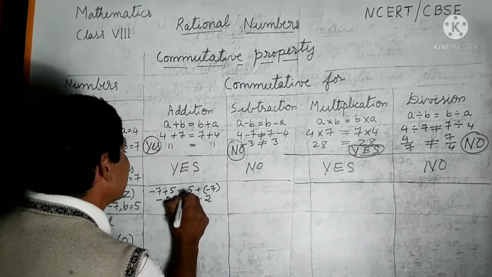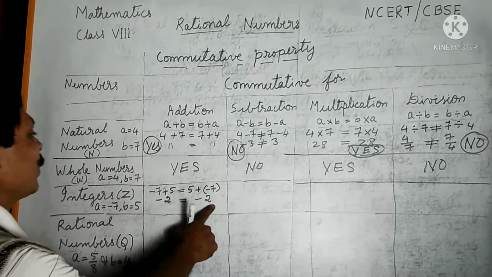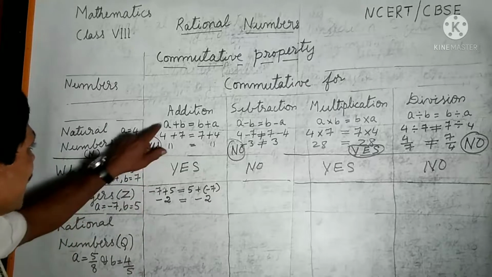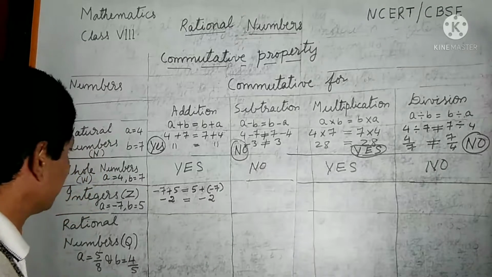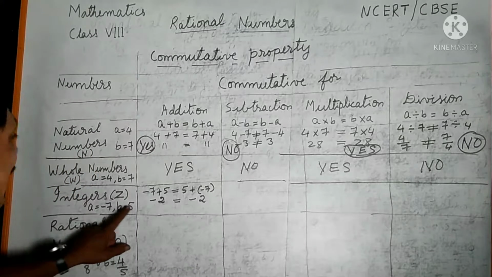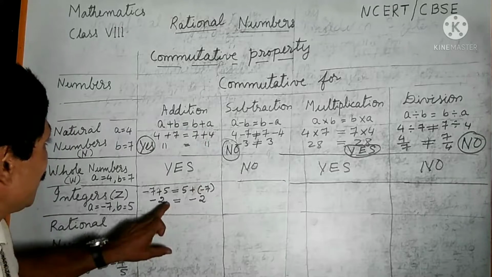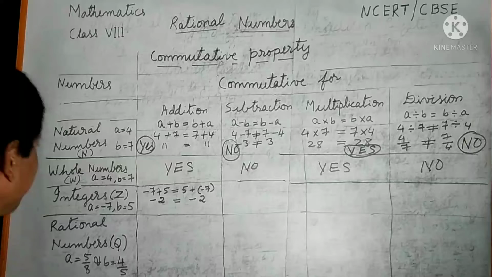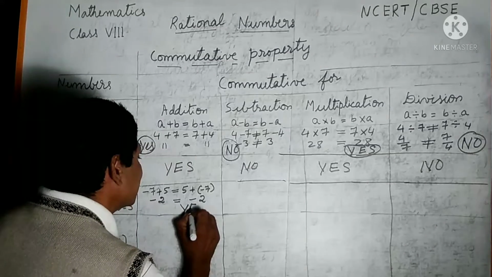So left hand side is equal to right hand side. That means a plus b is equal to b plus a. Therefore, for integers a and b, a plus b is equal to b plus a. So addition is commutative. That is right? Yes.